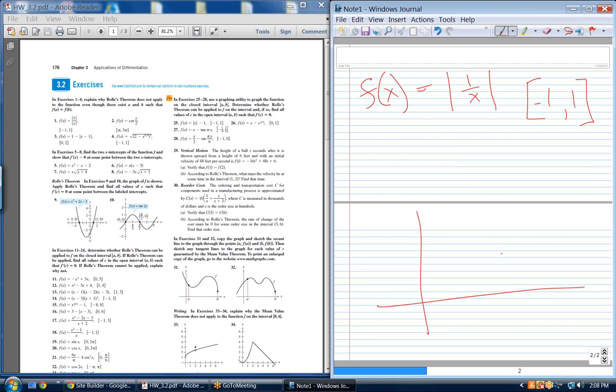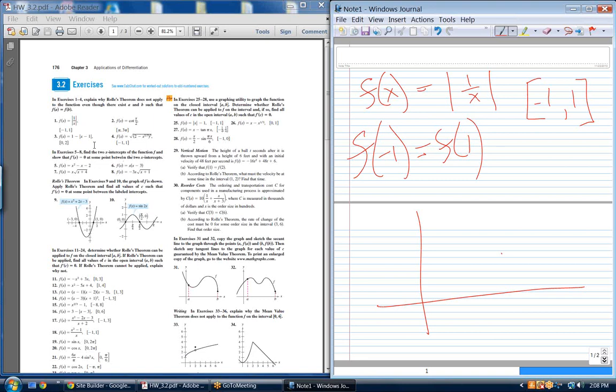Because clearly, if I plug in the endpoints, I get f of minus 1 is equal to f of 1. So f of A equals f of B. What is it about this function that makes Rolle's theorem not apply to it? At x equals 0, it's undefined. It's undefined, which means it's not continuous, which means it's not differentiable.